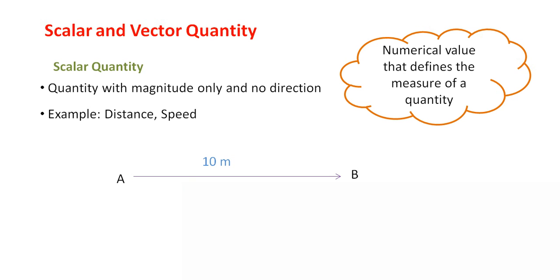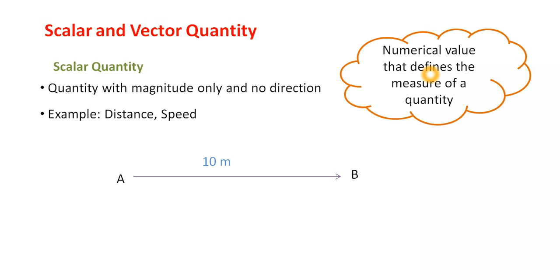So what is this 10? This is nothing but a numerical value which tells me the measure of a quantity, that is, the measure of the distance. So this 10 meters is the magnitude.